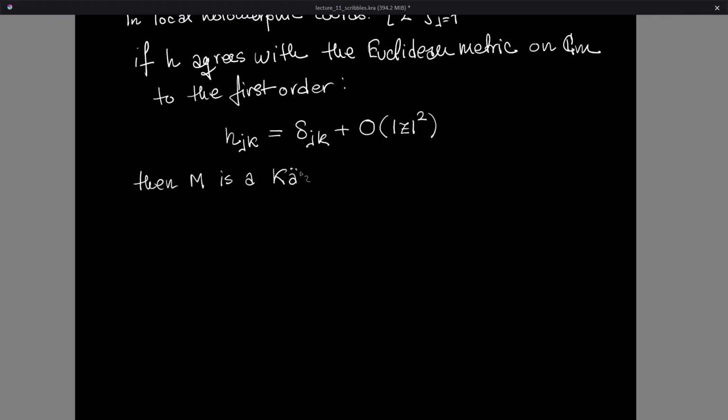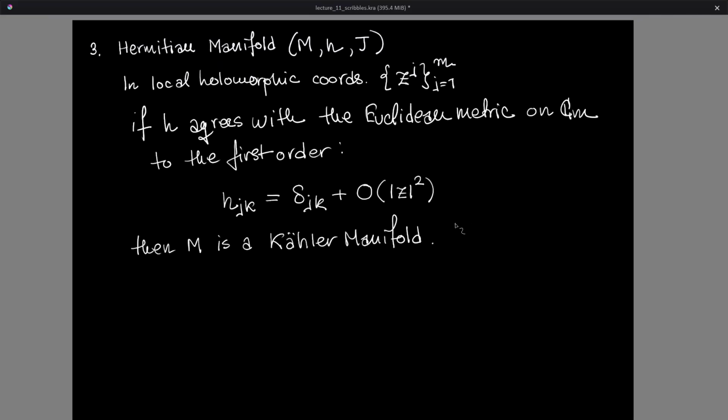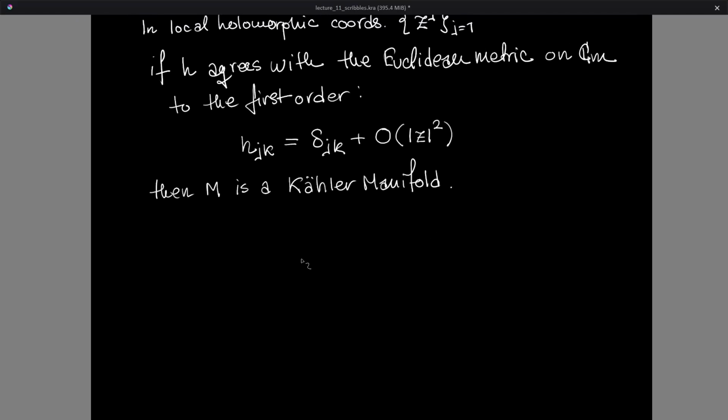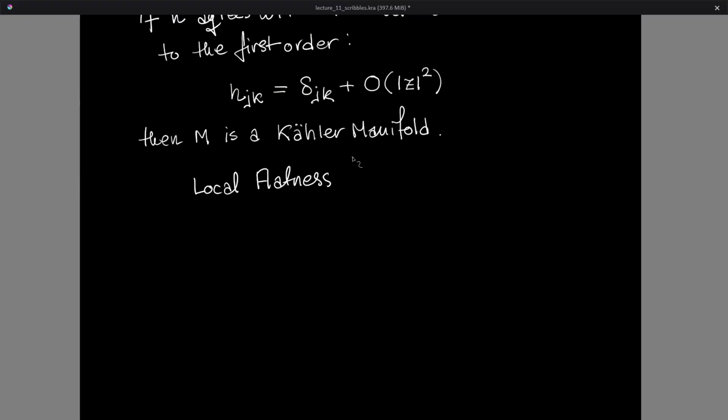So this is the third definition: the Hermitian metric has to be locally flat. We sometimes call this the local flatness condition. There's no long proof with this version of the definition of the Kähler manifold. We've already kind of come up to it. What we're saying is that the Kähler manifold has this local flatness condition.